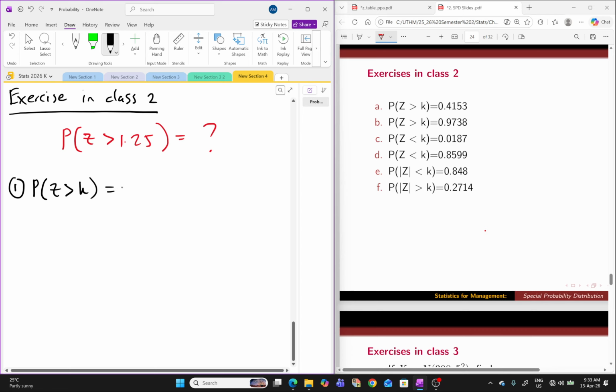I give you the area or the probability. Find me the number. Reverse now. How to do this? Okay, copy this one first.